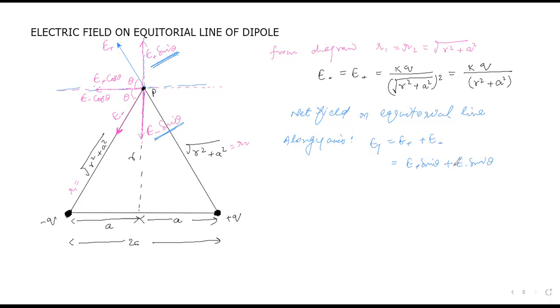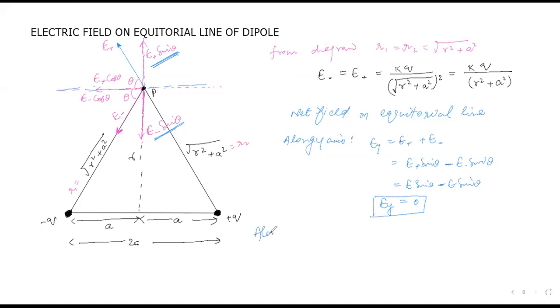E plus and E minus are the same in magnitude. Both are in opposite directions, so the sign will be negative between these two. E sine theta minus E sine theta is equal to 0. This is your electric field along the y-axis.